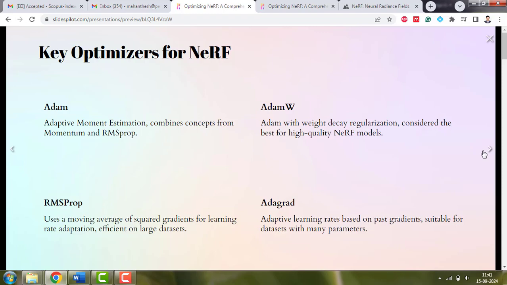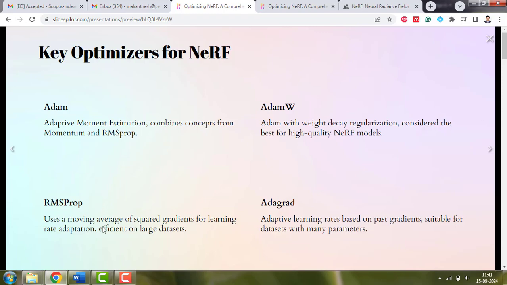Now we have different NeRF optimizers. Each one has its own advantages and drawbacks. When it comes to performance, you should be able to see which is good, but also what type of dataset we have.